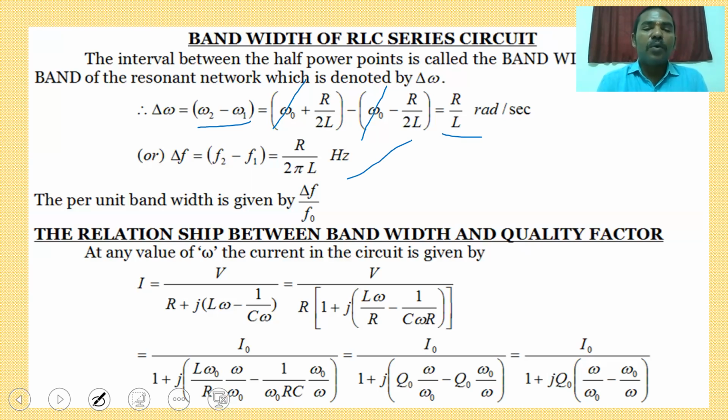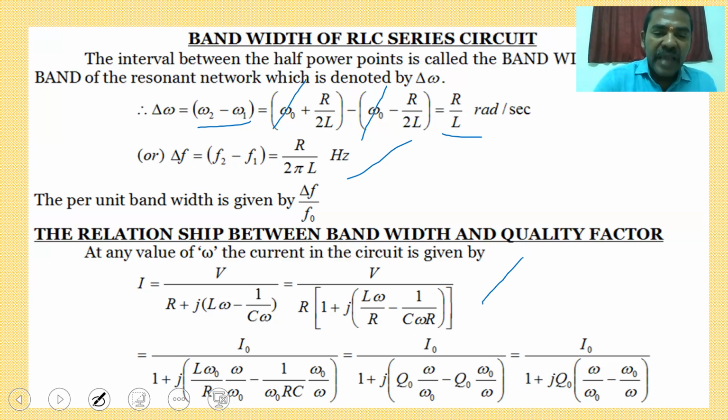Now we are going for the relationship between the bandwidth and quality factor. Already you know that the current can be represented as V divided by R plus j times of (L omega minus 1 by C omega). Here I am taking R as common: V divided by R into (1 plus j times of (L omega by R minus 1 by C omega R)).